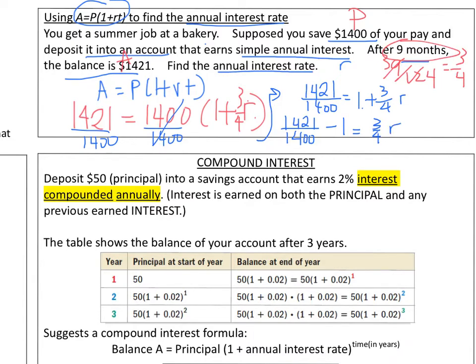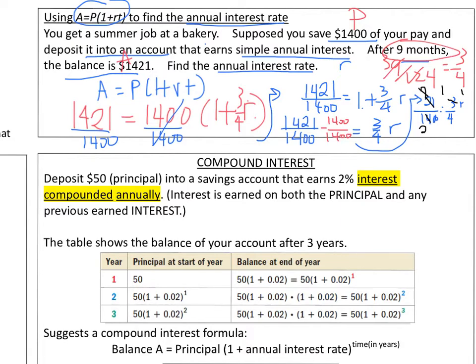So again, earlier I just said we can rewrite this as 1400 over 1400, which is still equal to 1. Makes it easier to calculate. So this will be 21 over 1400 equal to 3/4 R. And then we can simplify this proportion. 3, 21, 7, and then I can simplify 7 with 14.